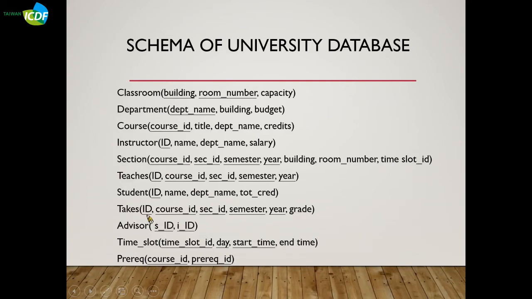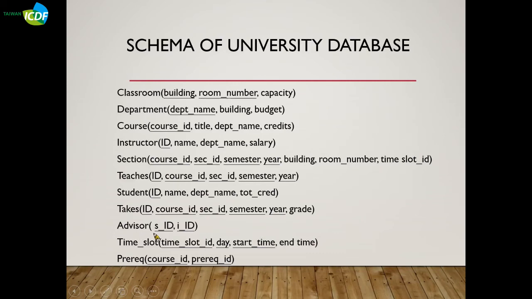It describes the student takes some courses at some times and obtains the grade. So here the combination of ID, course ID, session ID, semester, and the year is the primary key.